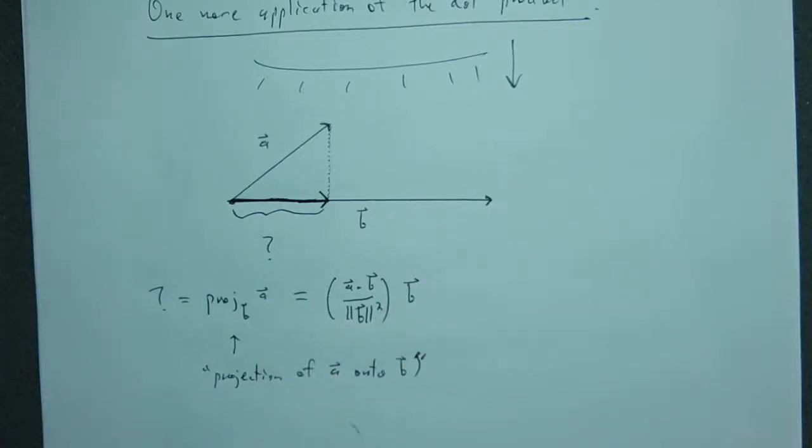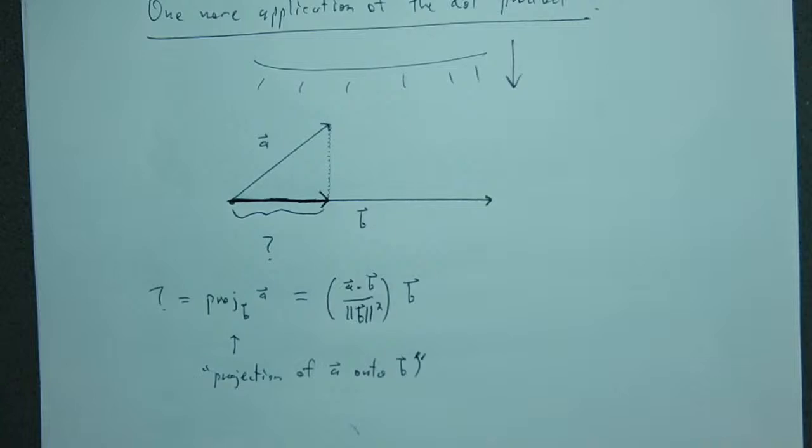Now, I'm not going to prove where that scalar comes from. Actually, this is again a triangle.